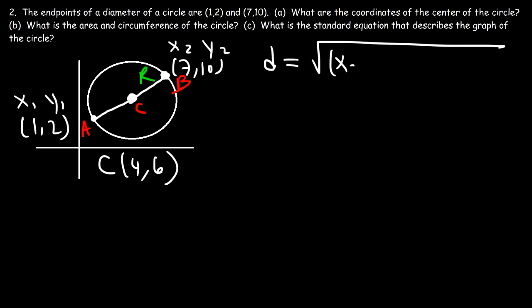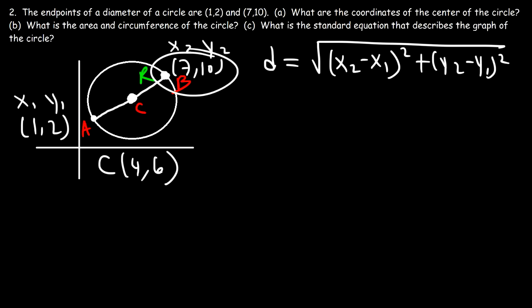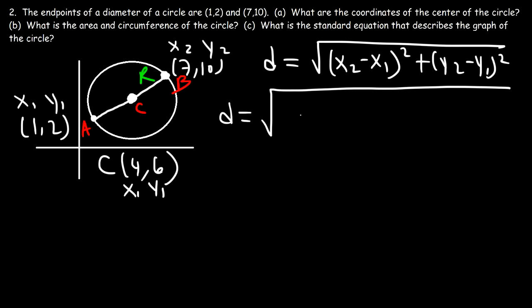It's the square root of (x2 minus x1) squared plus (y2 minus y1) squared. So let's say this is x2 and y2, and let's say the center is going to be x1 and y1. So in this example, x2 is 7, x1 is 4, y2 is 10, y1 is 6.